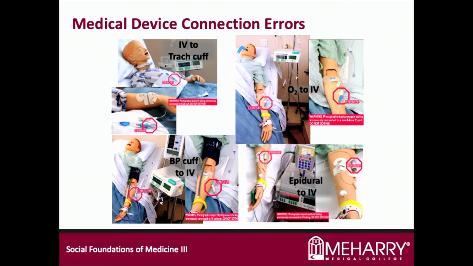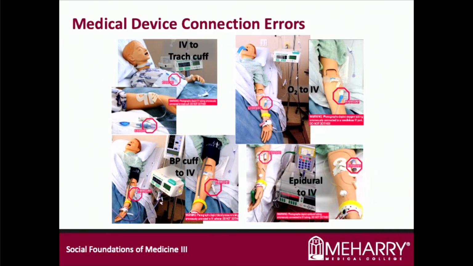IV tubing was connected to a trach cuff, the little balloon you blow up to hold a trach in place. Mistakenly, they hooked IV tubing to it. Fluid poured into that balloon, it burst, and it filled the patient's lungs up with fluid, and the patient died.